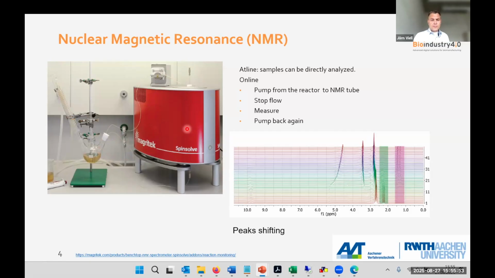Then the flow would be stopped in order to enable the measurement and pumped back again into the reaction chamber. That is a classical online application. It's not inline, but that's not possible with NMR because of the magnets around here. But what it gives you is a set of spectra, where you see the NMR shift over time, and you can see that peaks are occurring or shifting just according to what happens during the reaction.